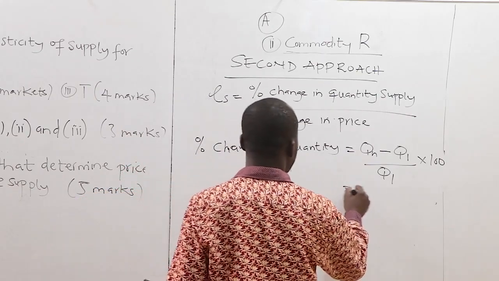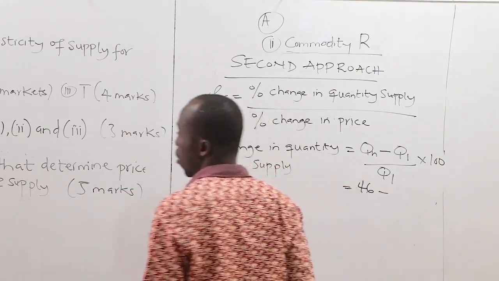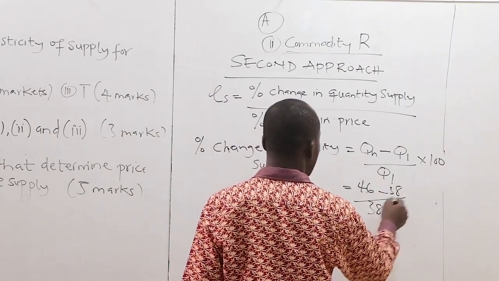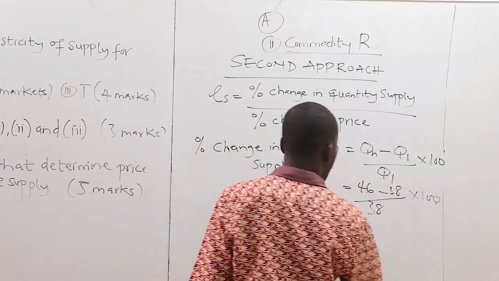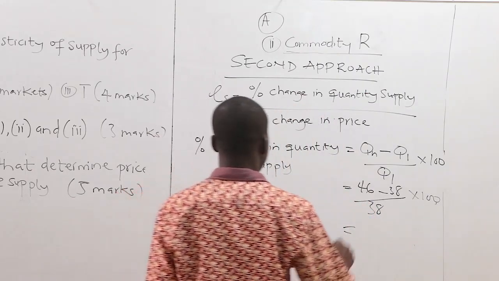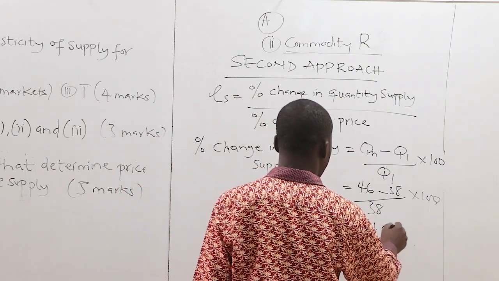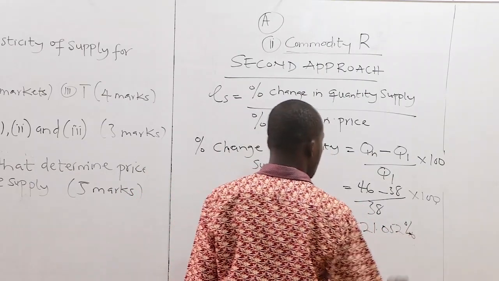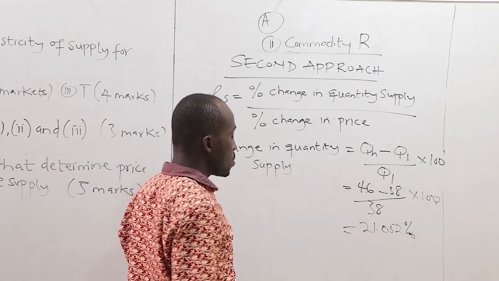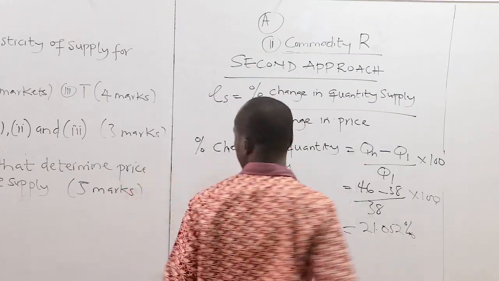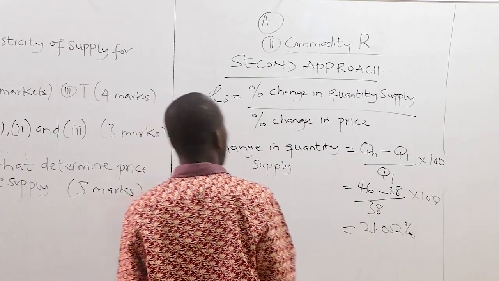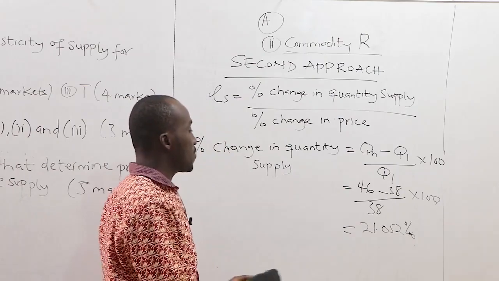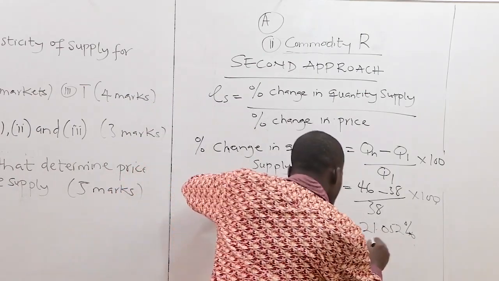Our new quantity was 46. Our old quantity was 38. So it's 46 minus 38, divided by 38, times 100, which gives you 21.05%. If you have this, you're going to get 1 mark.